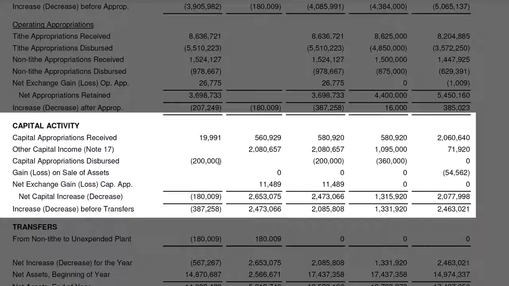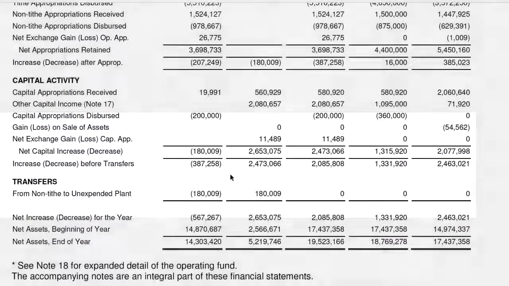And here we have given out some money to help other people build buildings, okay? And we have a little bit of exchange gain or loss. Also, it doesn't show up here, but if we had purchased a building or purchased equipment, it would be a reduction here. Or if we had sold a building, it could be an increase here.